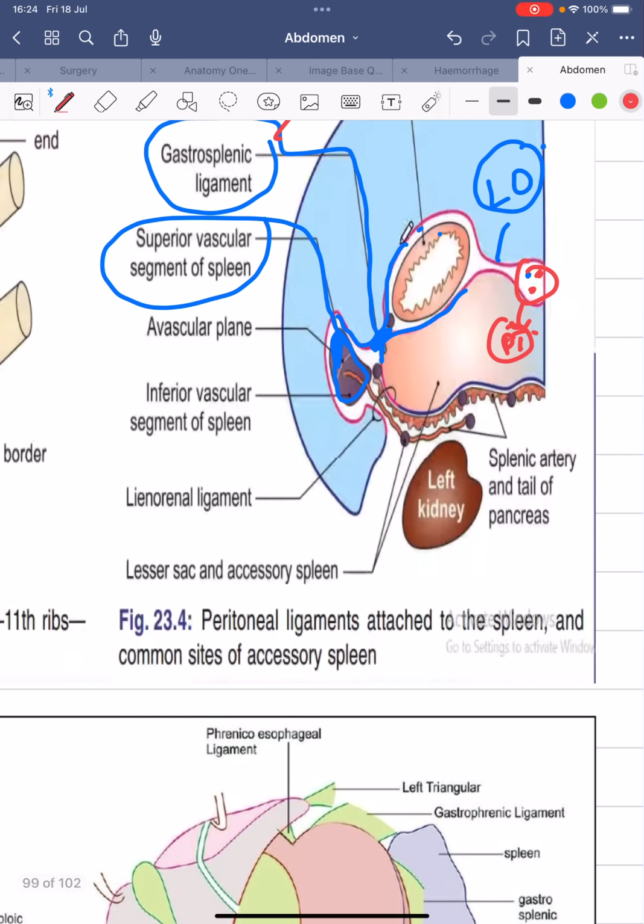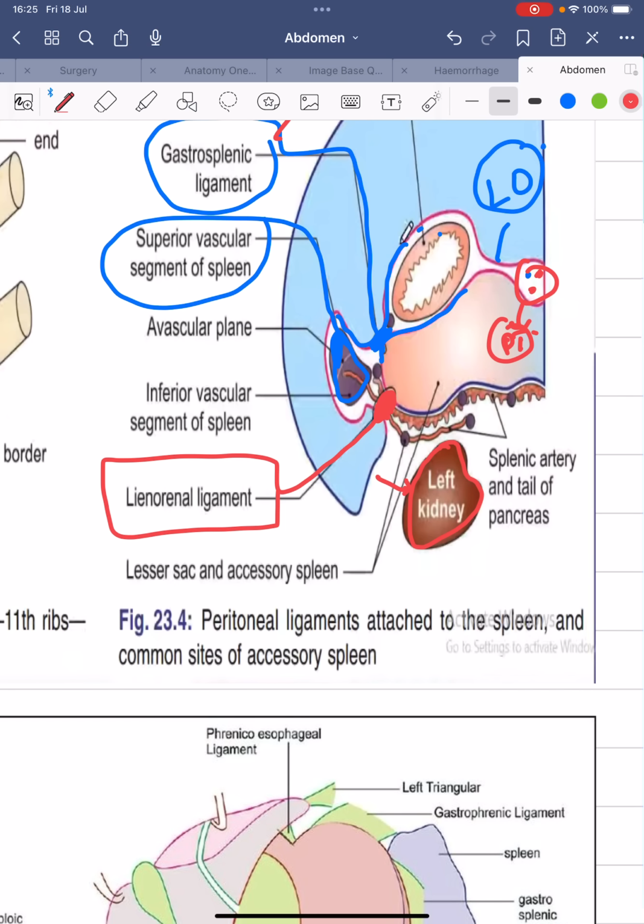Second, the spleen is making a ligament with the left kidney. This ligament, which I am now highlighting in red color, is known as the splenorenal or lienorenal ligament. Very, very important. It extends from the hilum of the spleen to the anterior surface of the left kidney. What does it contain?